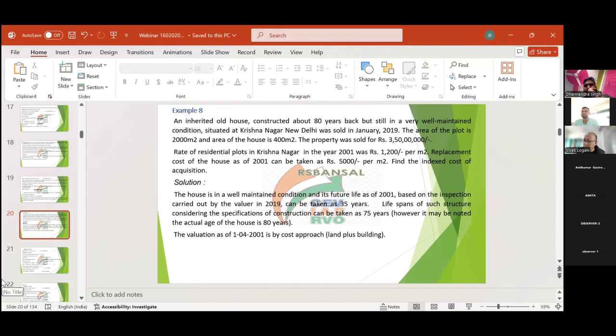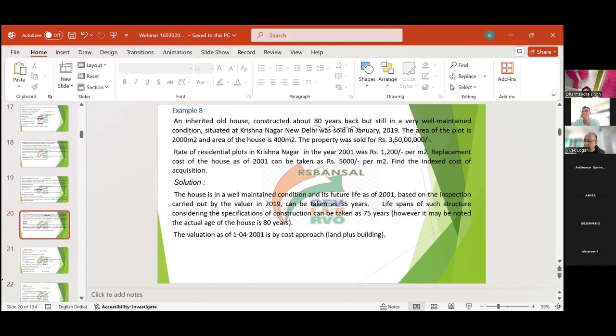See here, now the building is 80 years old, but from the inspection we find that it is still in a very well-maintained condition.